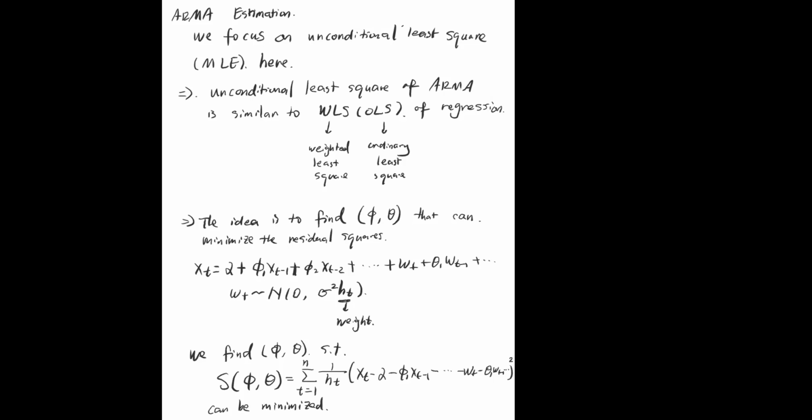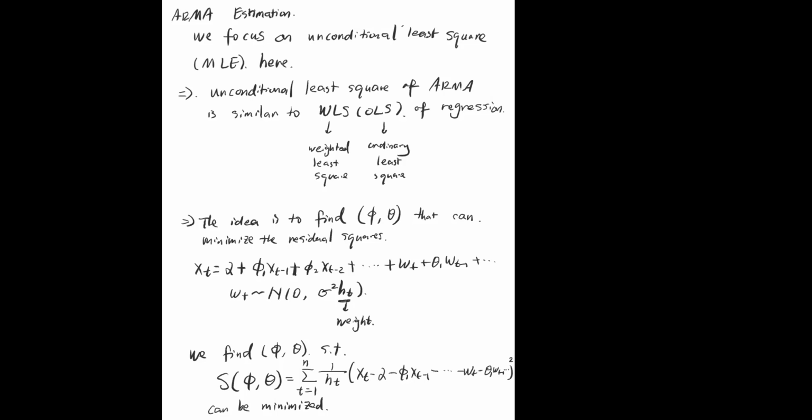It's very similar to the OLS, or I mean WLS, in the regression. The idea is just to minimize the residual squares. To find phi and theta, all we need to do is take the first order conditions on this criteria function and set them equal to 0.